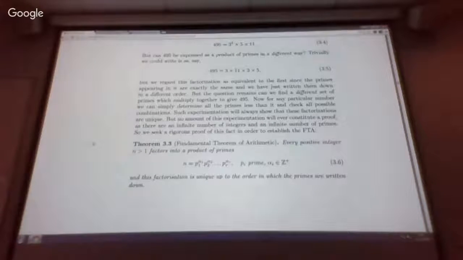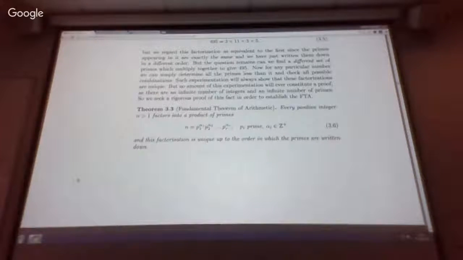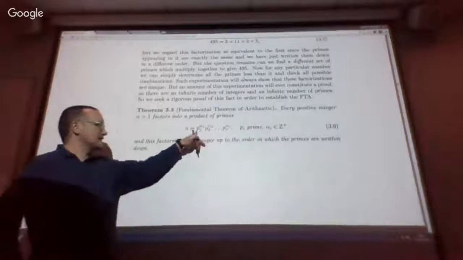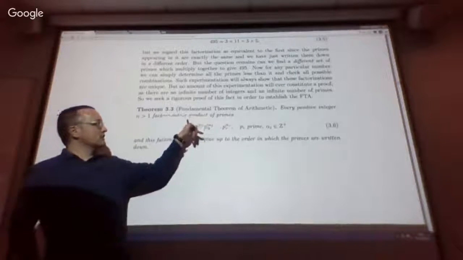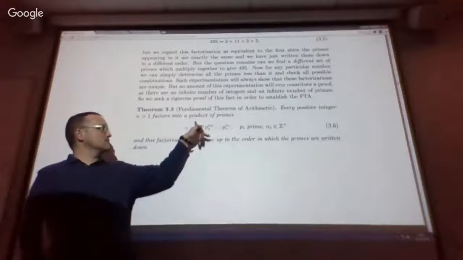So that fact that the prime factorizations are unique makes up our fundamental theorem of arithmetic. Every integer factors into a product of primes uniquely. And you can even make the string of characters that you write out unique by insisting that the ordering from left to right of the prime factors be increasing.